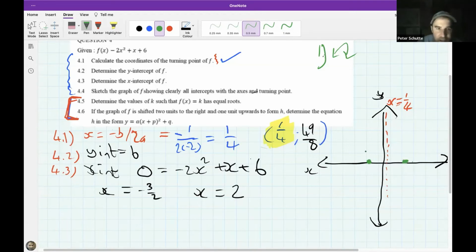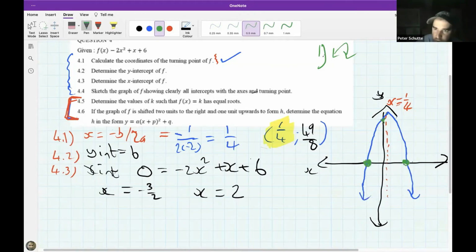And then the y-intercept was at 6. So up here. And then the turning point is just going to be a little bit above that. And so we should have... Again, apologies for the non-perfect. It should be curved.